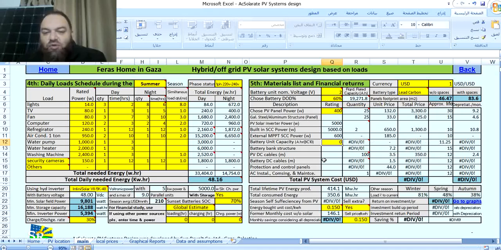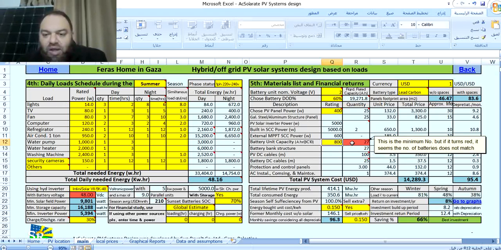But then you need to fill here the battery unit capacity, that is 2 volt, but at which ampere hour at C10. So maybe we use 800. Okay, 800 is okay, but you need to have 27 pieces of 800. But this means it cannot be connected, and that's why it turned red.